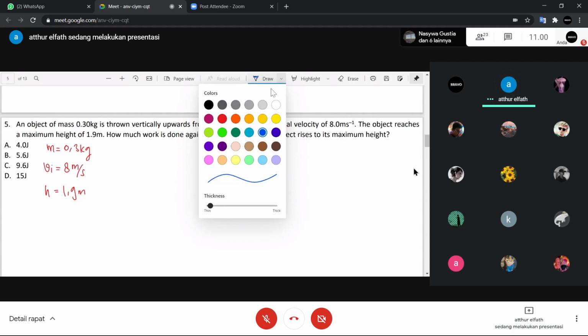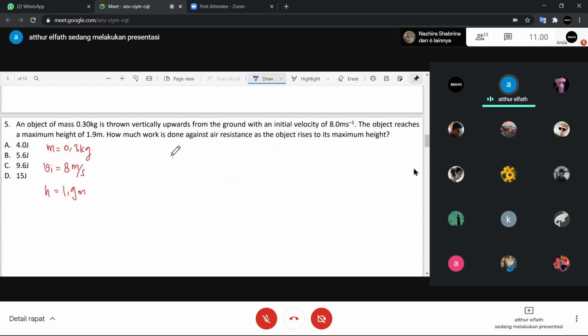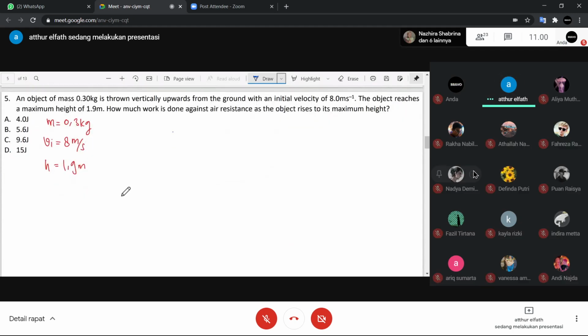There is a ball, and this ball is thrown vertically upward, so this is the direction of ball motion, and then the ball reaches maximum height.